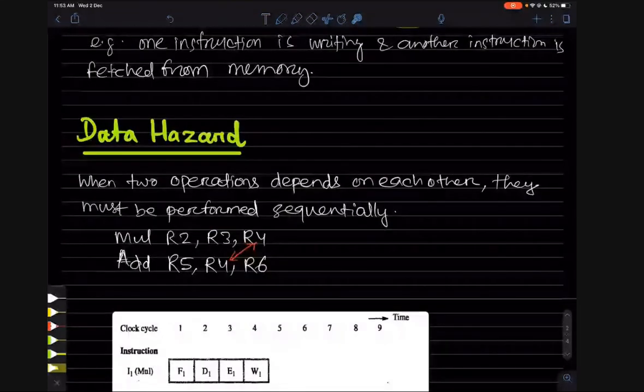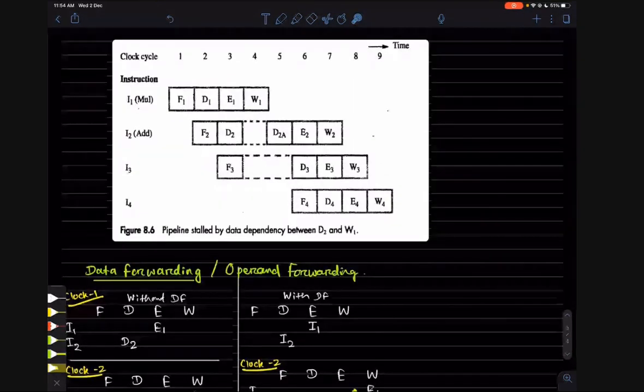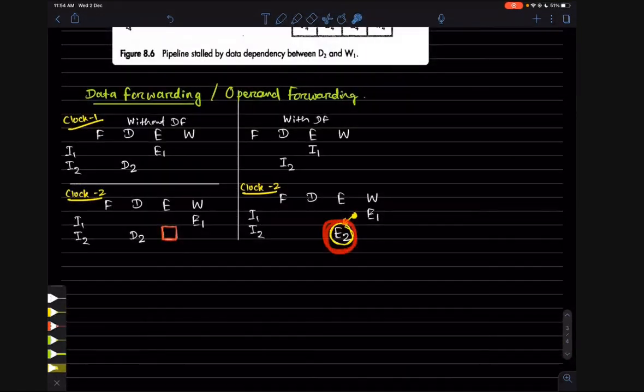In this case it already has the R5 data, and it is waiting for R4 data. R4 data will be provided by the previous instruction using operand forwarding. Now R4 and R5 are available, so they can go for the addition operation, that means execution. In the execution unit they will be added. Now there will be no bubble.